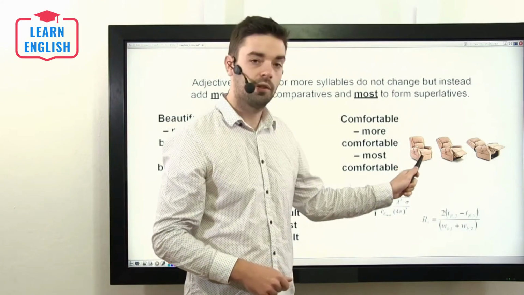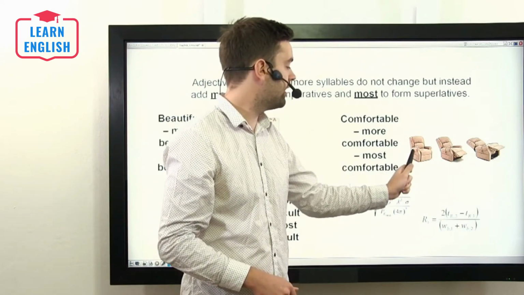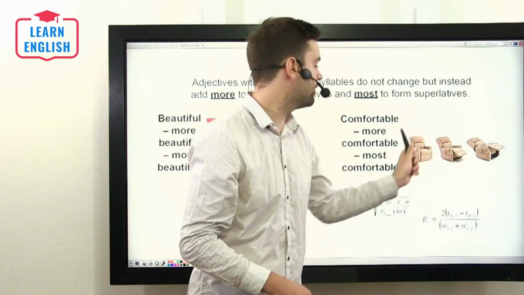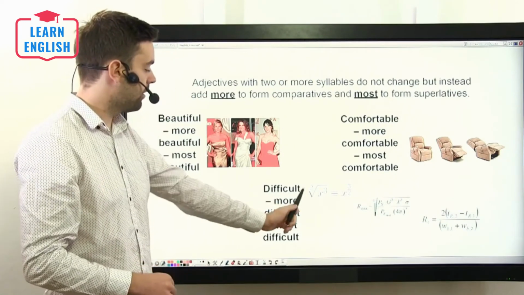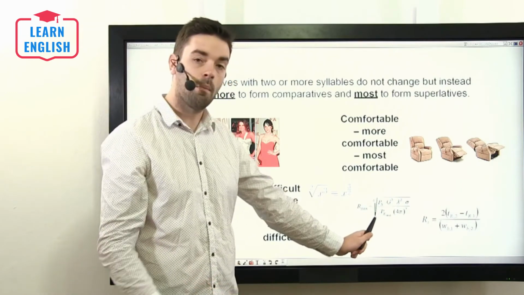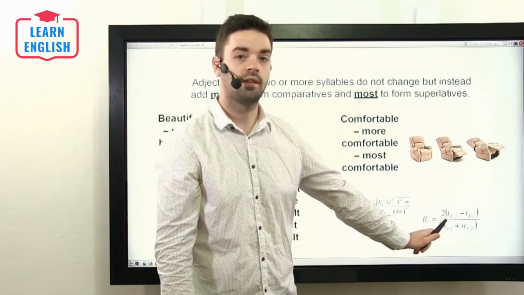This seat is comfortable, this seat is more comfortable than this seat, and this seat is the most comfortable. This is difficult, this is more difficult, and this is the most difficult.